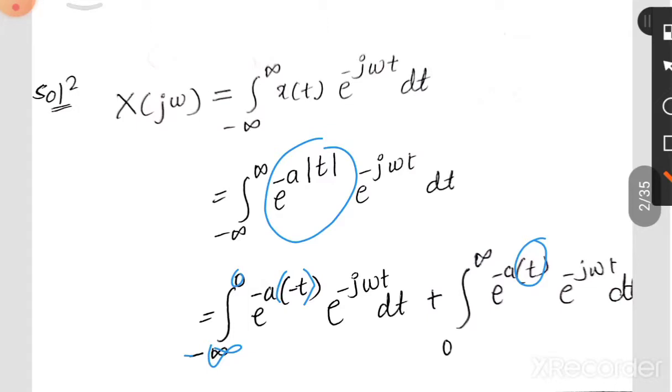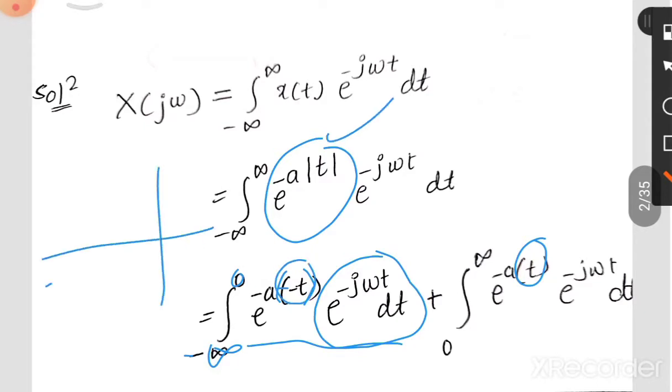When taking minus infinity to 0, you can observe we have substituted minus t. When simplifying, other terms remain the same. Only the t value we substitute as negative from minus infinity to 0, and positive from 0 to infinity.